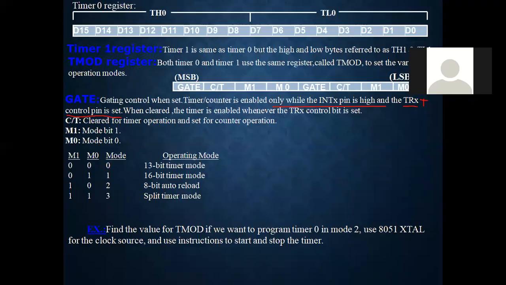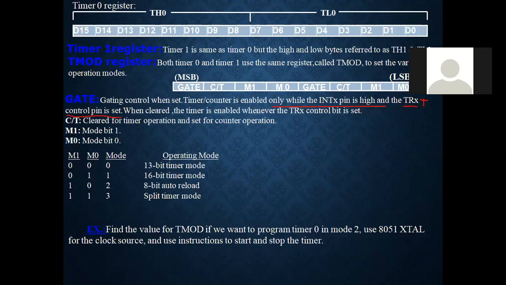And in mode 1, that is the 16-bit mode, it will count from 0000H to FFFFH. Okay, and what will be the delay?